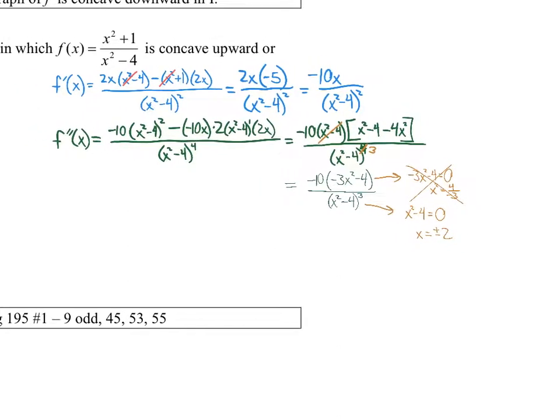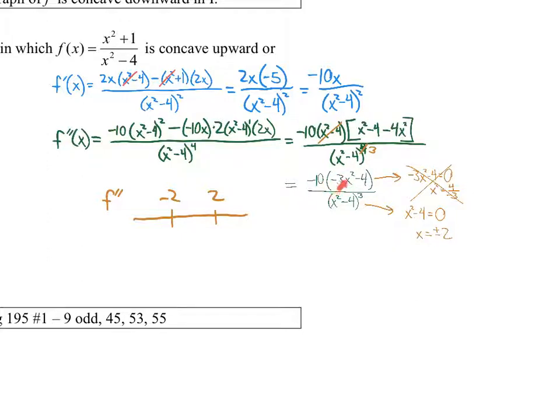How do I know for sure? I set up a sign diagram. So negative 2, positive 2, and I check my second derivative. If I were to plug in a negative 3 into my second derivative, negative 3 squared is positive.